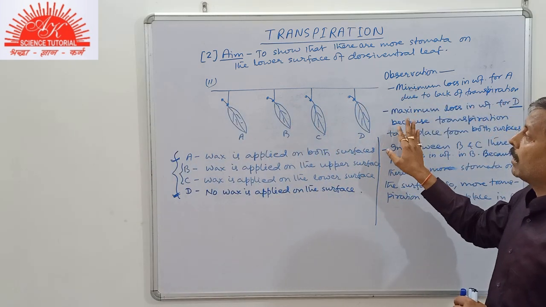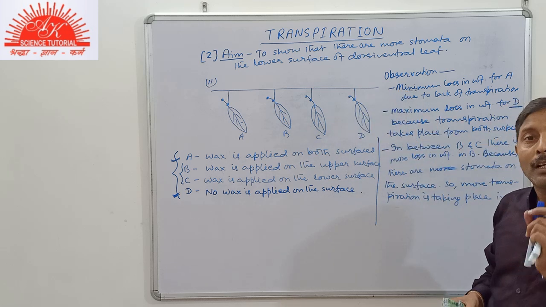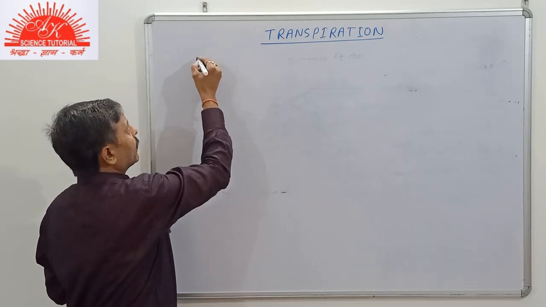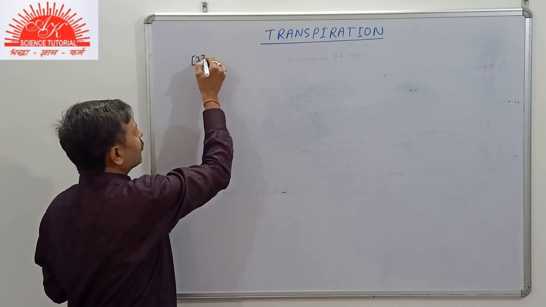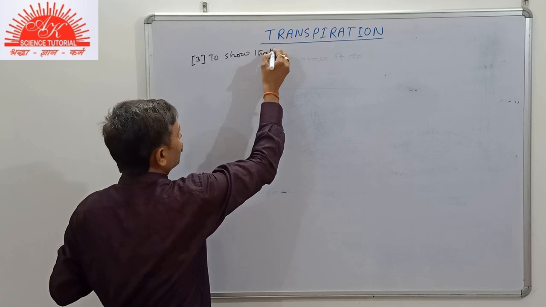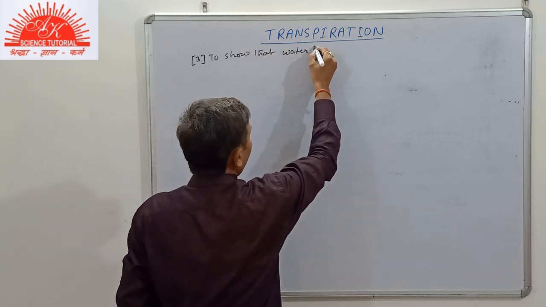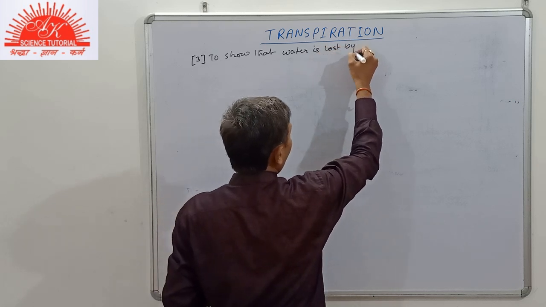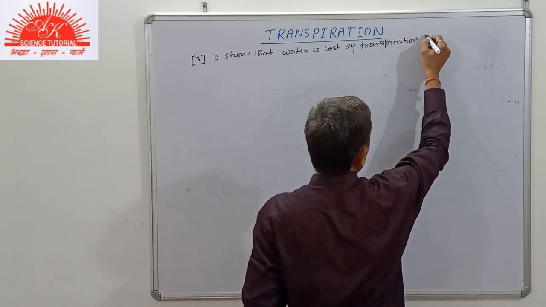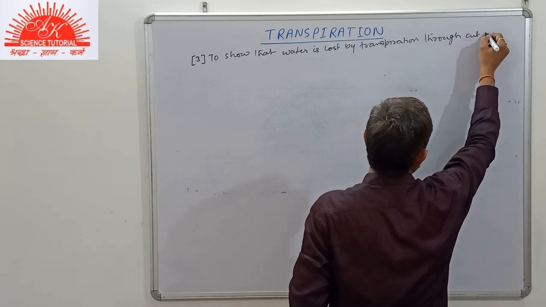So we have discussed the two aims of the experiment. Now there is one more experiment. Now there is the third type of experiment to show that water is lost by transpiration through cut shoot.